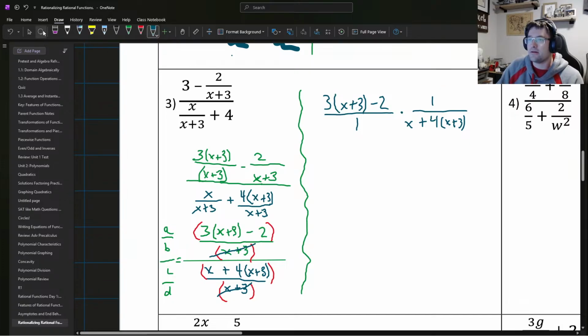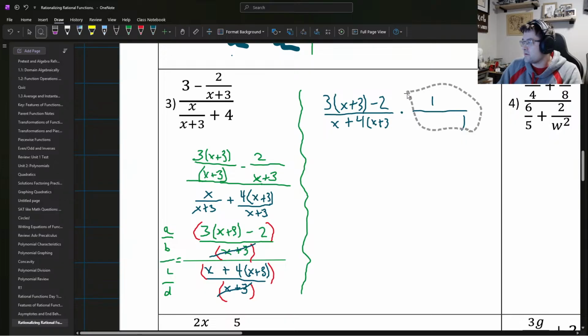So right, we can really just write that as the singular fraction. If I can erase.